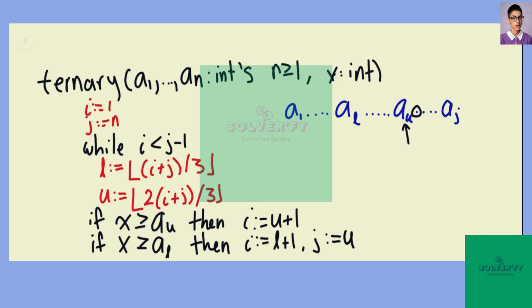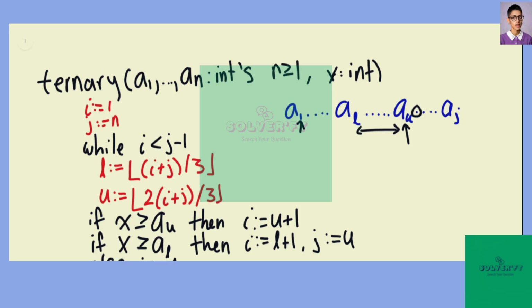That way it's not going to search from l forward, but rather just only search between l and u. And of course, lastly, it could be in this first interval. And so if that's the case, then we'd say else, set j equal to l, because our i is already initialized at the first one.